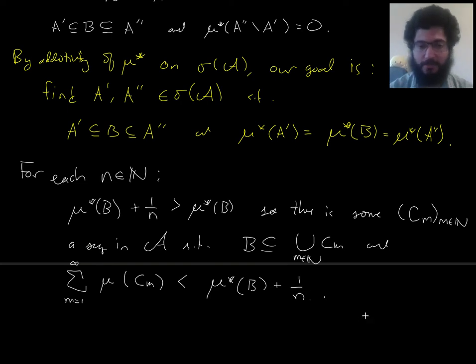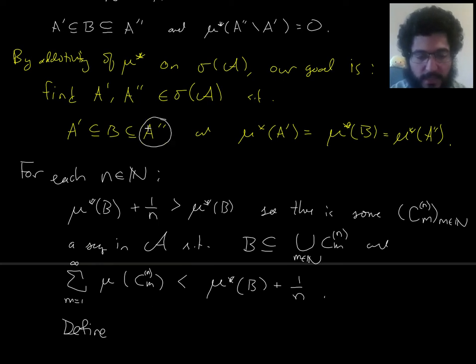Okay, so now I'm doing this for each n, right? So let me put a decoration n on this. So for each n, there's going to be a cover coming from our algebra of sets that achieves this inequality with the 1 over n here. So these coverings kind of get tighter and tighter, you can imagine, as n gets larger and larger. Now, define, so our purpose here is we're trying to build this A prime prime that sits above B, right?